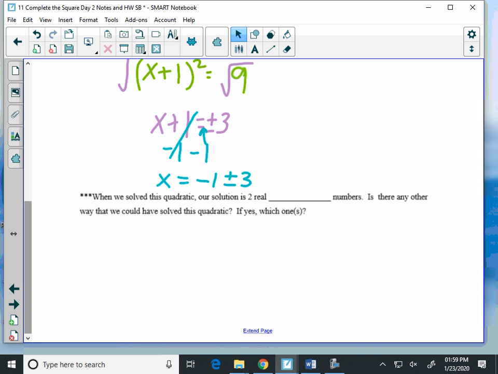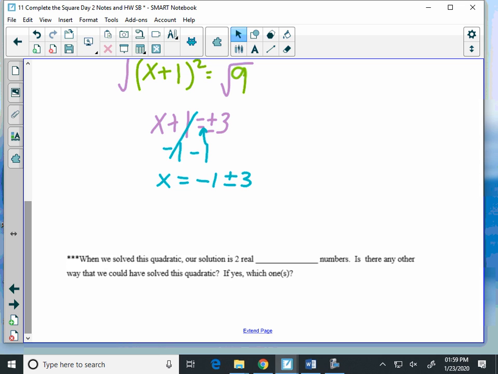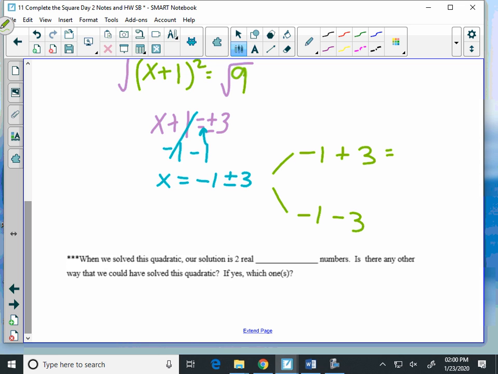Here's the thing. Can we combine negative 1 and 3? Yeah, right? There's no more radical. There's no more I. We can combine negative 1 and 3. So just like what we do with the quadratic formula, we can separate this and do negative 1 plus 3 and negative 1 minus 3.